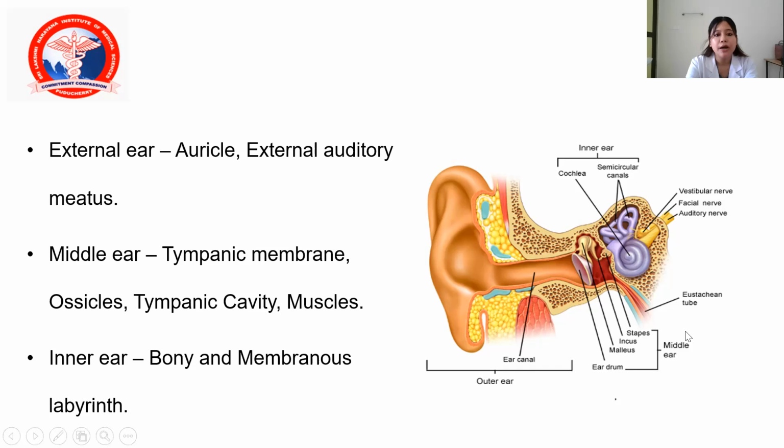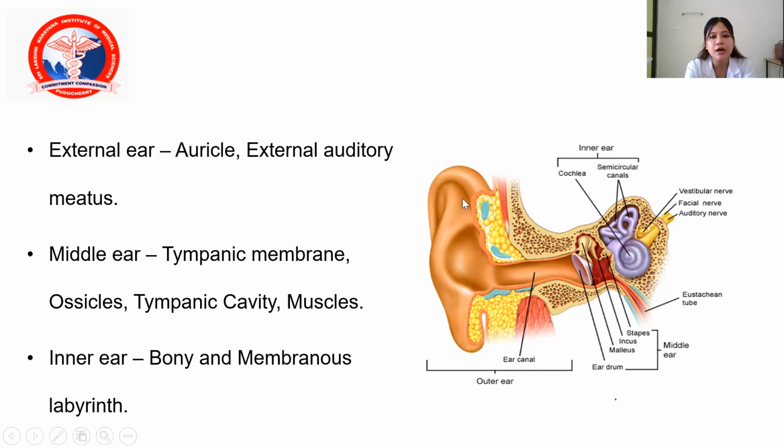Now, the parts of the ear. We can divide the ear into external ear. So this is the external ear. From outside, what you are seeing, that is the pinna or the auricle, up to the external auditory meatus.